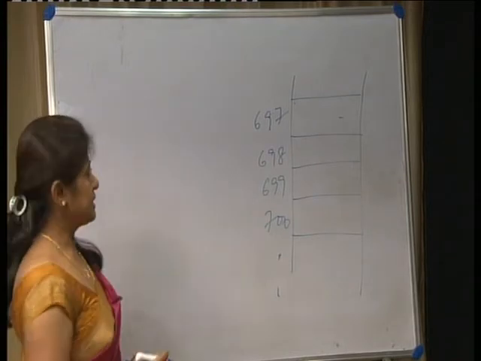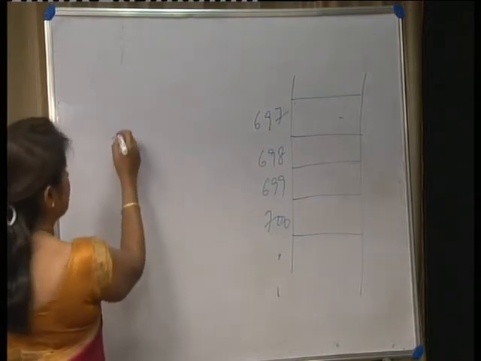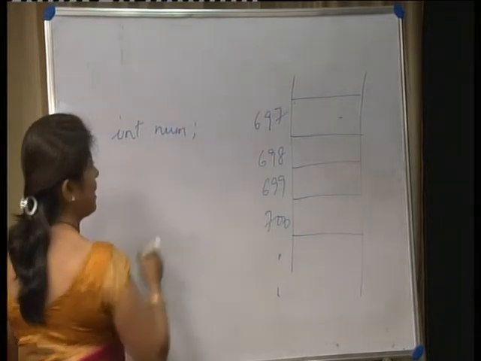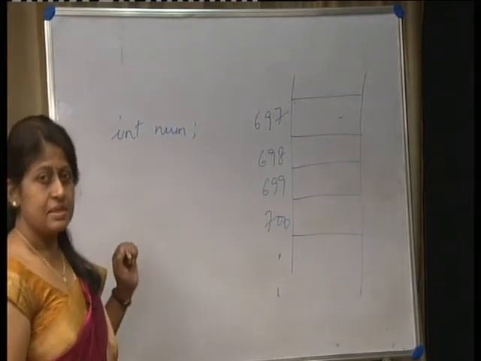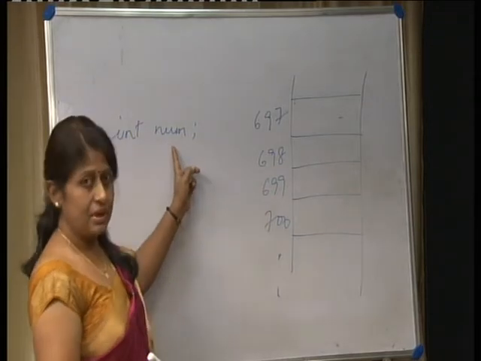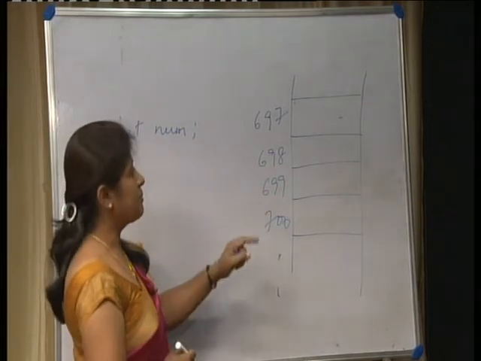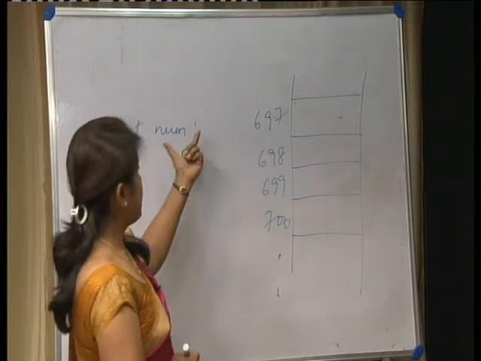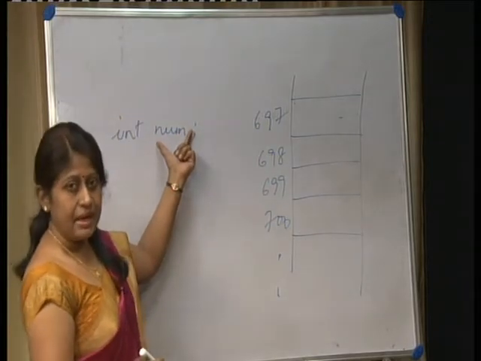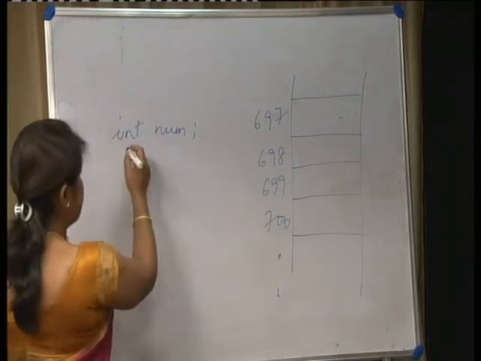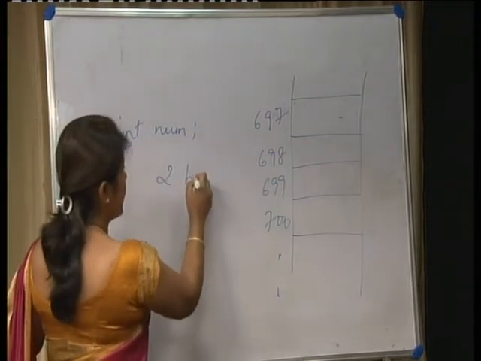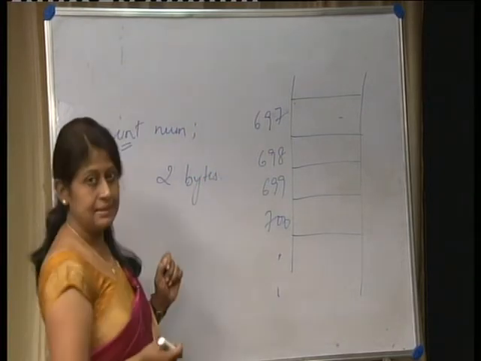So when I declare in my C program, say integer num, suppose this variable is going to be assigned the memory location 697. We know the data type sizes that would be taken in the computer. If I have declared an integer, then it would be taking 2 bytes of memory length.